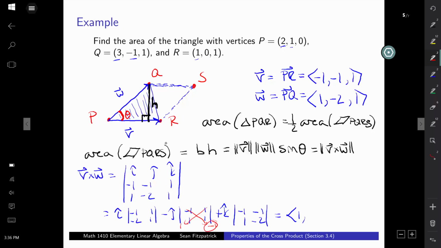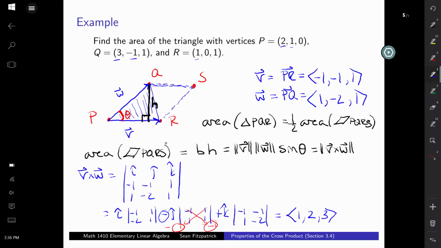And I do this guy minus that guy, so minus 1 gives me a minus 2. But I got this minus sign out front, don't forget that, so minus 2 gives me a plus 2. Minus 1 times minus 2 gives me 2. I'm subtracting minus 1, so 2 plus 1, and I get 3. So 1, 2, 3 for my cross product.